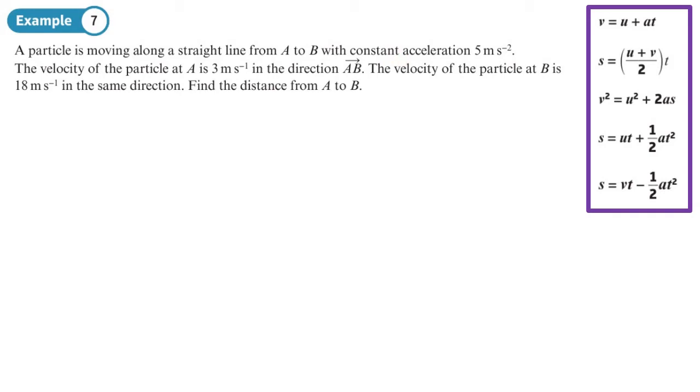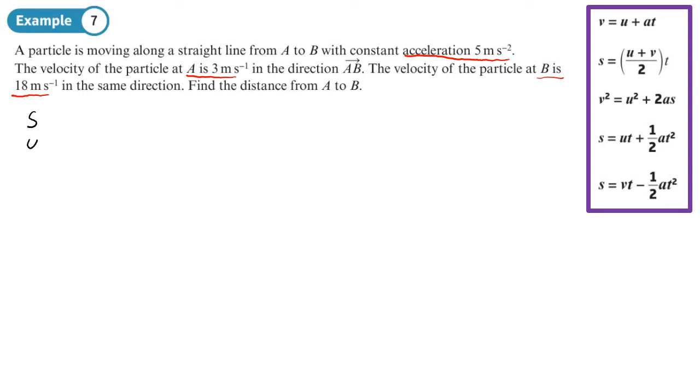Okay, so let's just underline that. We've got acceleration. The velocity of the particle at A is 3 meters per second in the direction AB, so that looks like the 3 meters per second is our initial velocity. The velocity of the particle at B is 18 meters per second, so maybe that's our final velocity, V. Find the distance from A to B.